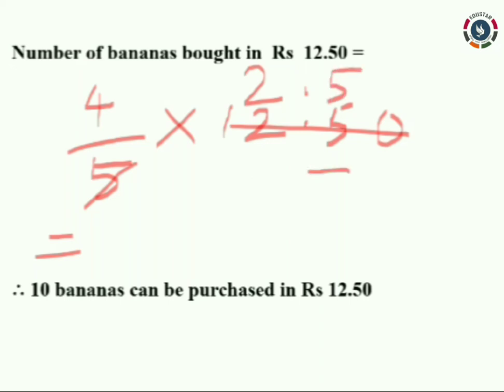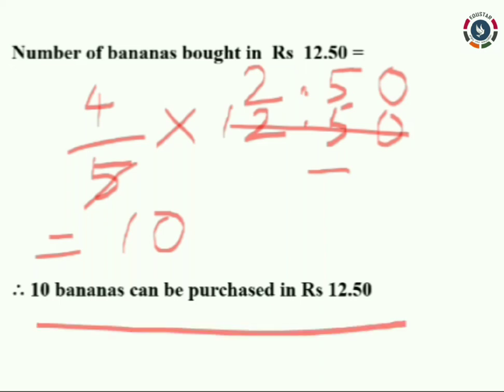So 5 times 5, 5 5s are 25, right? So 0 has to be added. Now 4 into 2.50. If you multiply, you will get the answer as 10. So 10 bananas can be purchased for rupees 12.50.